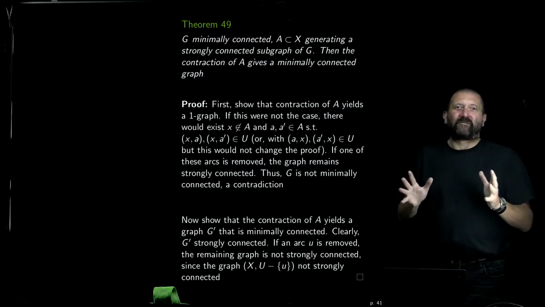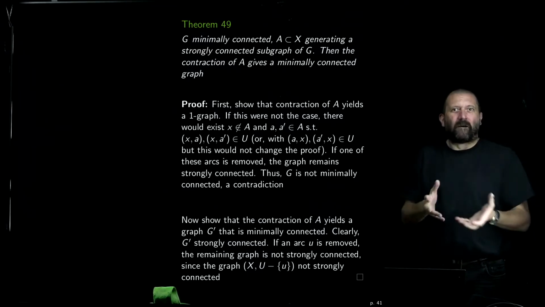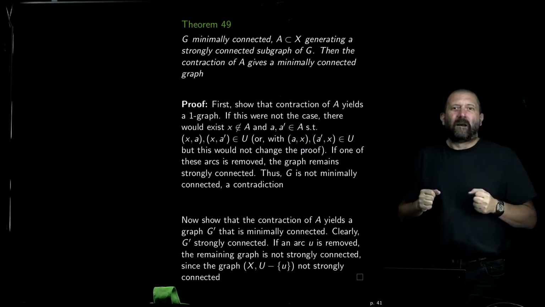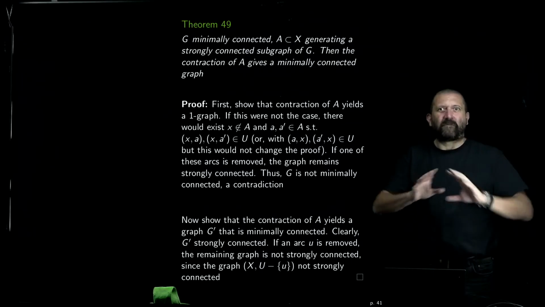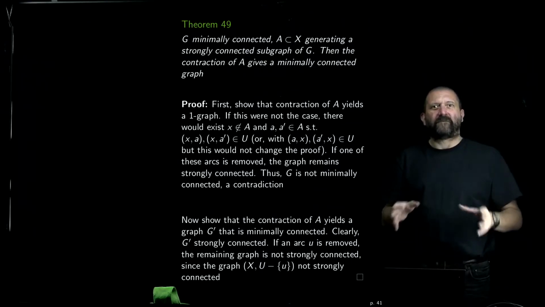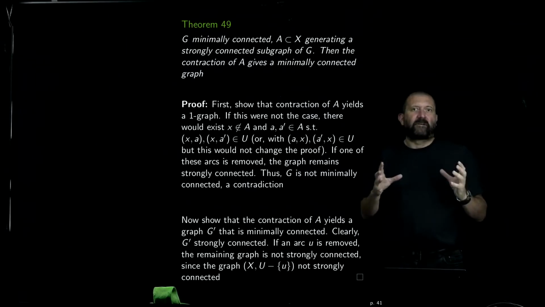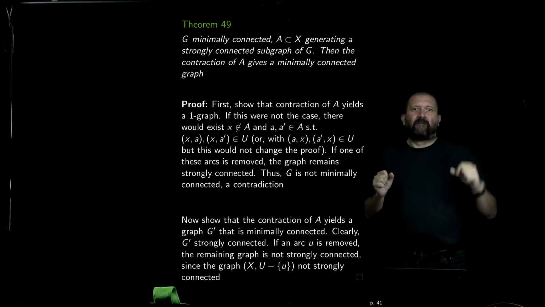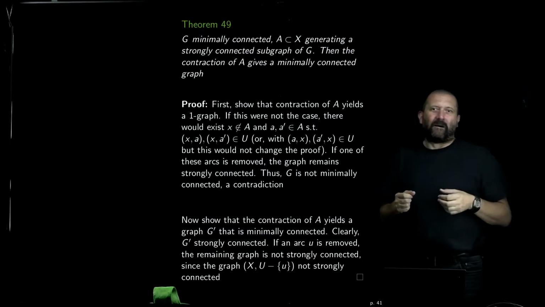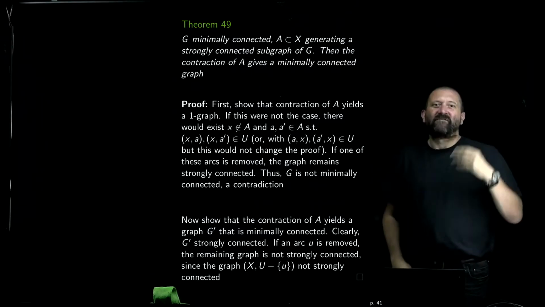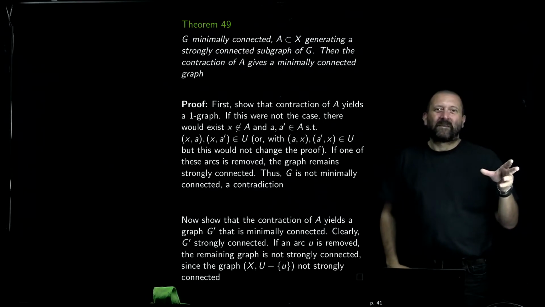So the first thing is that we're going to show that when we contract A, we get a one graph. So we're assuming we have a minimally connected graph, and when we take the set A, we have a strongly connected subgraph. Okay, and the thing is that when we contract A, we get a one graph. So suppose, as often, this was not the case.